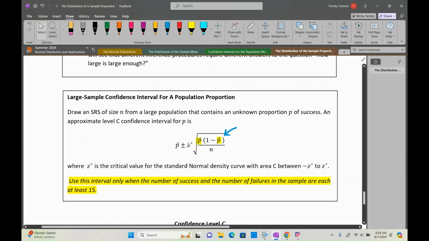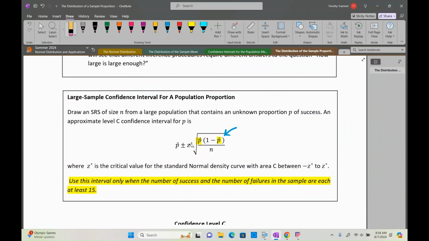When we create a confidence interval, the goal is to capture the parameter. Before, the goal was to capture the population mean. Now it's going to be to capture the population proportion. So we don't know the population proportion p here, and we're using p hat as a stand-in for p.